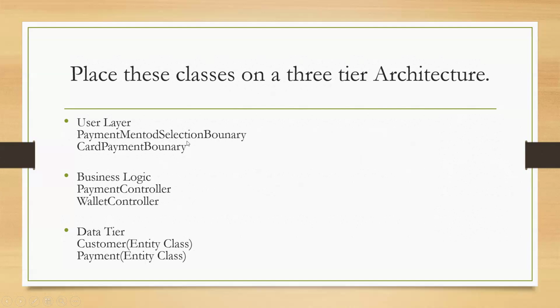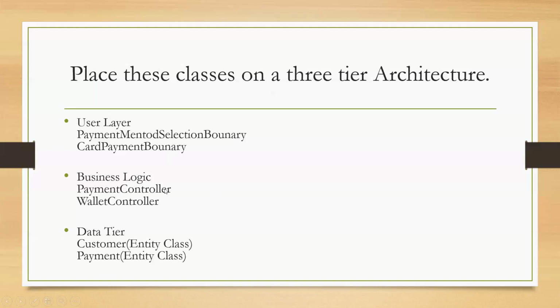Here a sample example is given. Under the user layer, which is the presentation layer, which classes would come into the picture? Under the business logic layer, which would come, and under the data layer, which would come? The presentation layer is nothing but the boundary classes, which show the representation. Those come under the presentation layer.